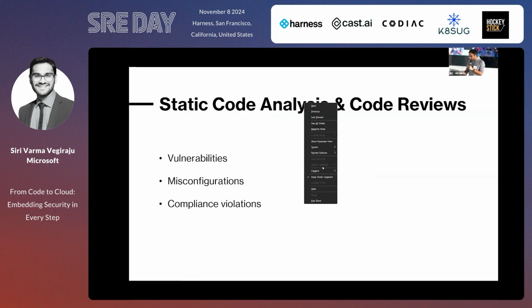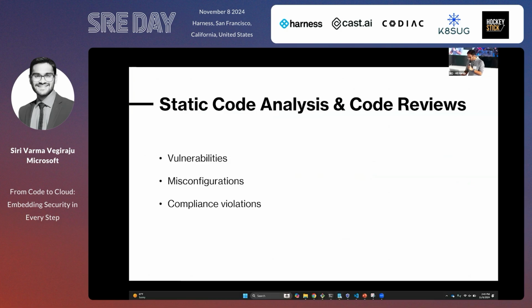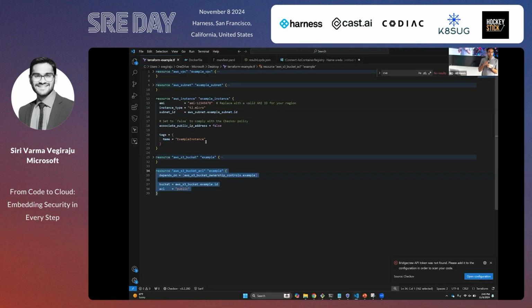So what we will look at is one such tool. I have a Terraform, and as part of this Terraform, I am trying to create a bucket. A popular example is that having public read access on the bucket is a problem. So now I also run a static analysis tool on this.